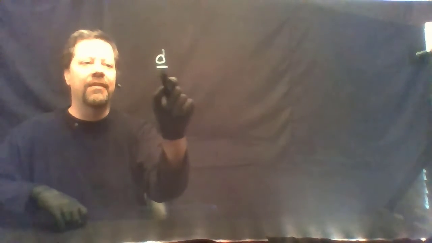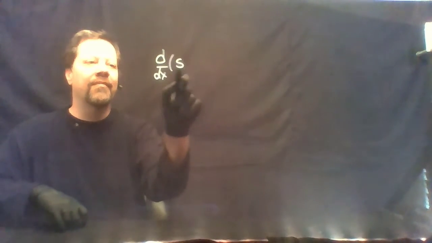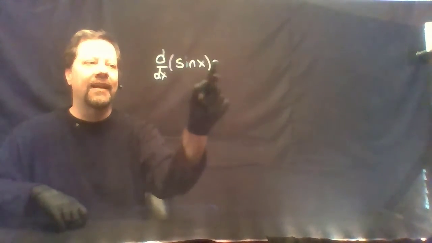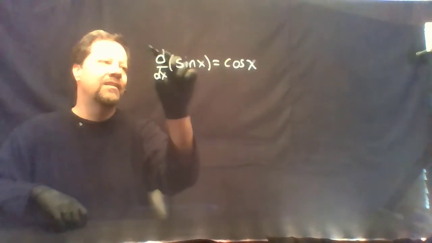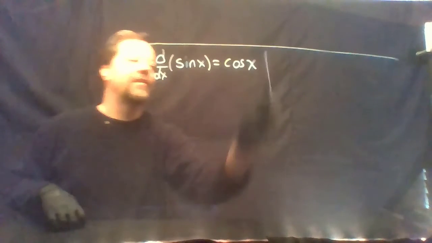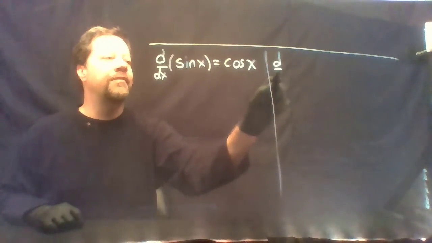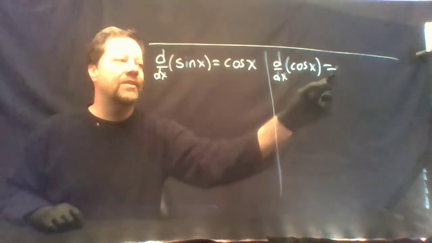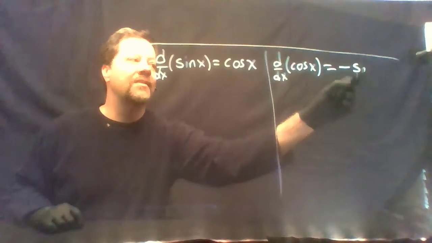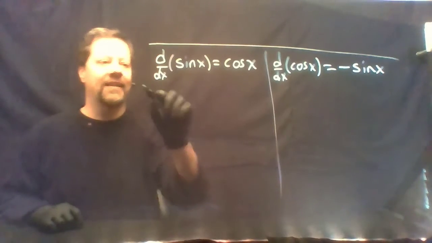We're going to begin with the derivative of sine x, which you know to be cosine x. To the right of that, I'm going to put the derivative of the cofunction cosine x, which you know to be minus sine x.